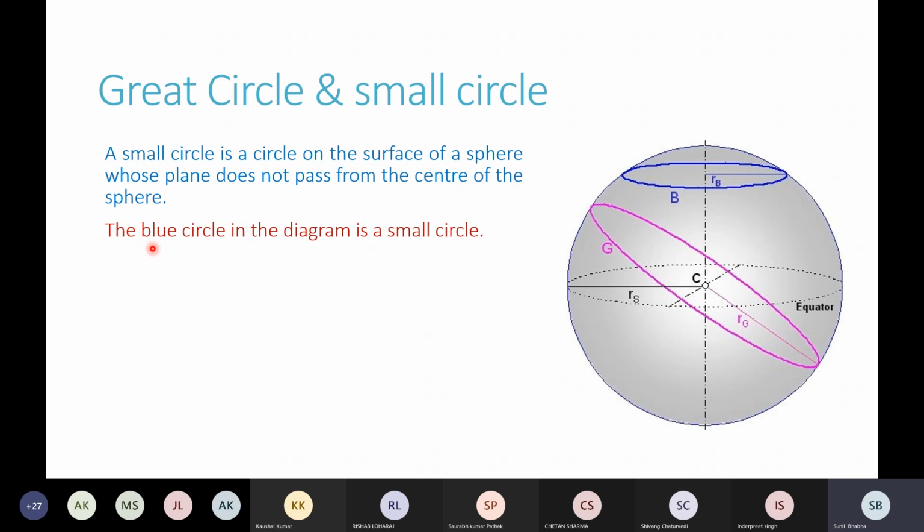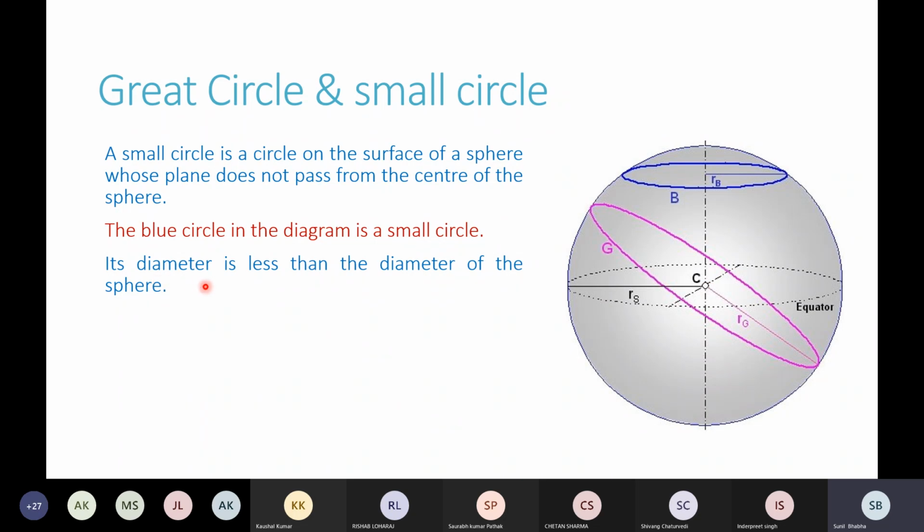Like say, for example, the blue color circle which we see in the diagram, this one, this is a small circle because you can see the plane of this particular circle does not pass from the center of the sphere, which is at point C. So all these circles whose plane does not pass from the center of the sphere are called small circles.